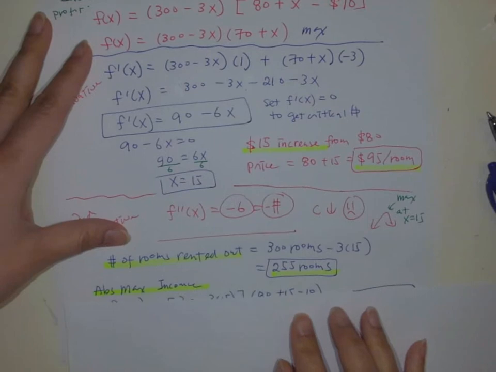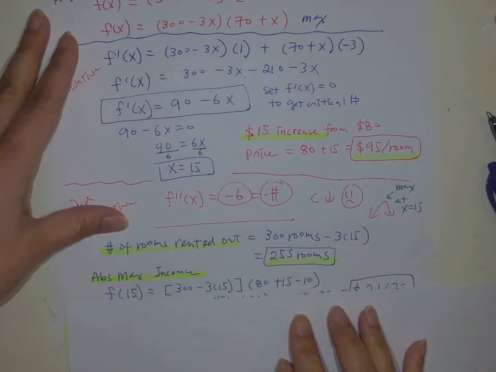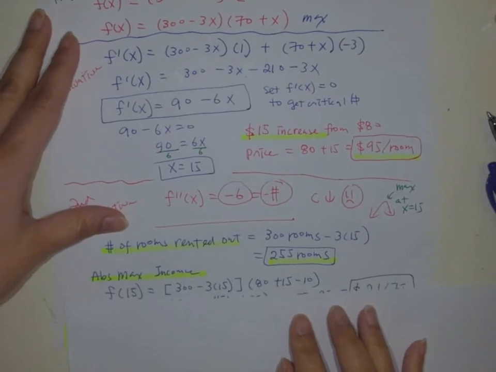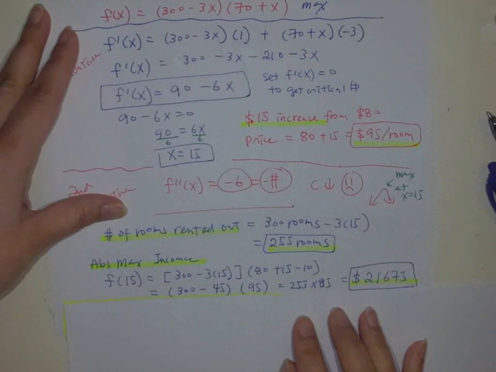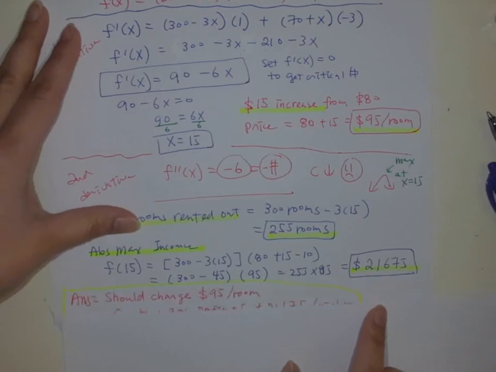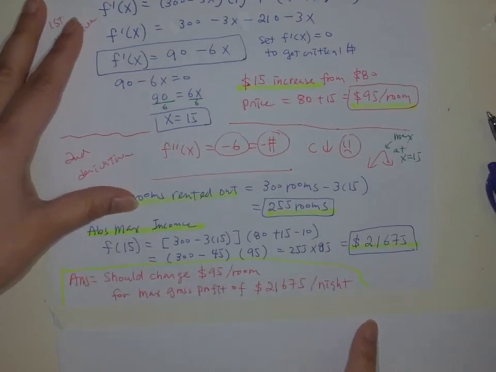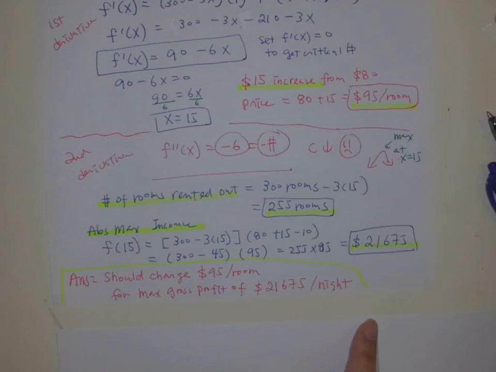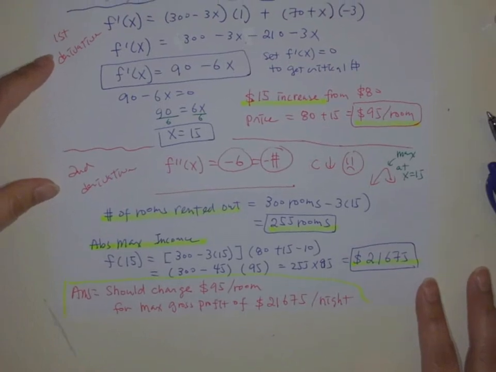And your maximum profit, we go back to the original function, plug the 15 in there, and we find the maximum profit is $21,675. So the final answer: you should charge $95 per room for a maximum gross profit of $21,675 per night. So this is the worked-out solution.